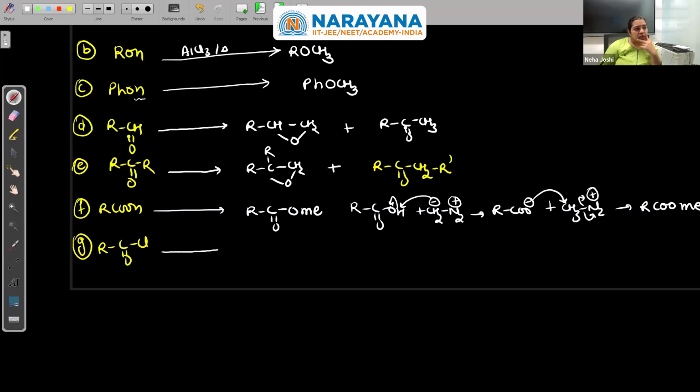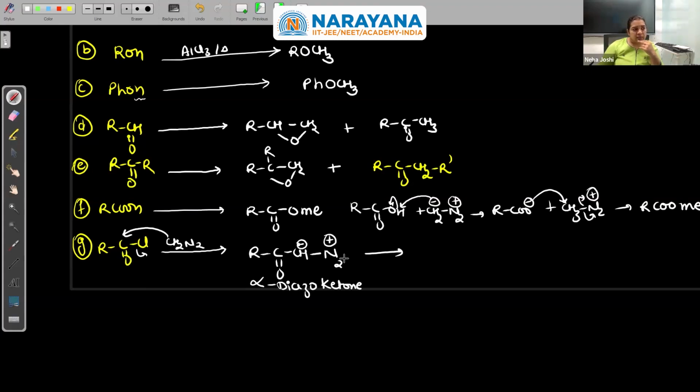Coming to RCOCl, if you remember, it is a part of a very famous name reaction called the Arndt-Eistert reaction. First this attacks and you have RCOCHN2, and this is called alpha diazo ketone.